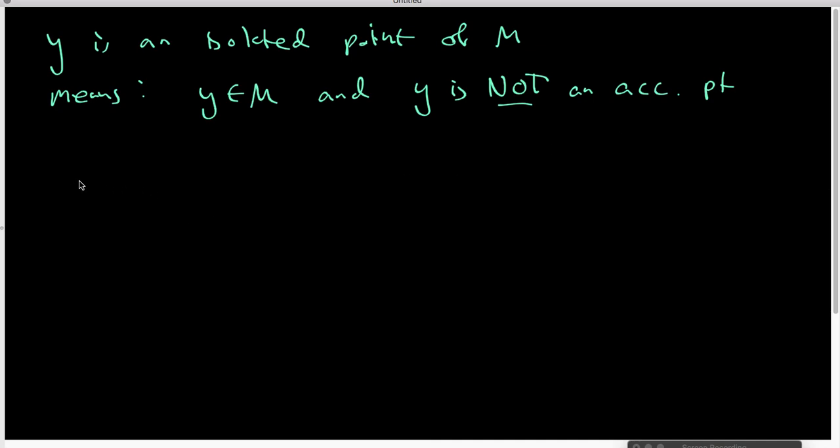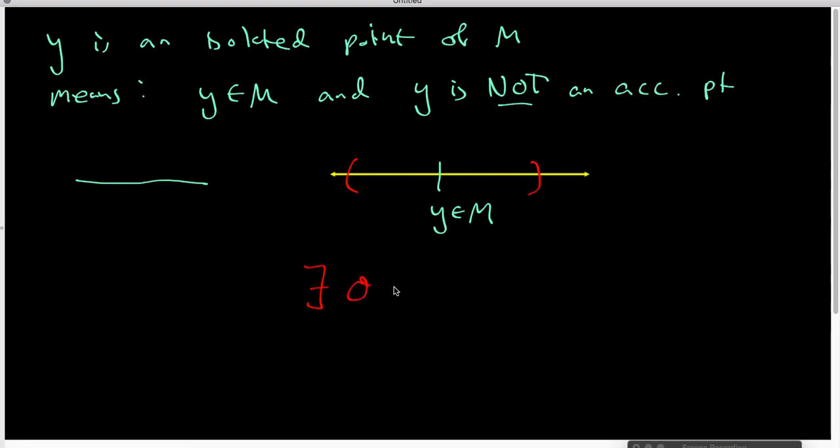And the picture for an isolated point, and let me draw a proper number line. The picture for an isolated point is here is y and y is inside M. But if I look at an open interval, I can find an open interval that contains y such that M intersect that open interval is equal to the singleton set containing y. In other words, there's space between y and the next nearest element of M.